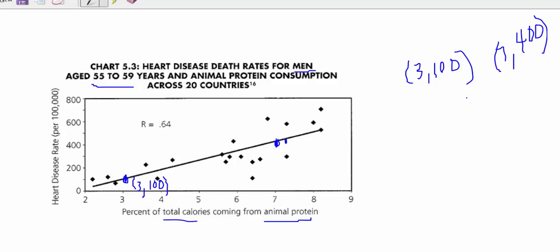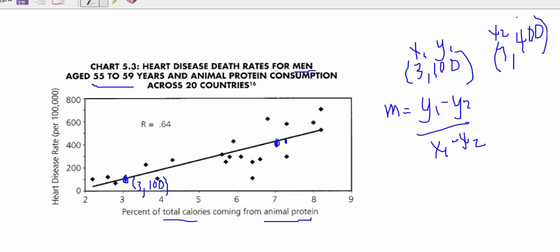Then I could calculate the slope, and then I would be able to write the equation of a line. The slope is y1 minus y2 divided by x1 minus x2. I'll call these x1, y1 and x2, y2. So we have 100 minus 400, and then x1 is 3 minus x2, which is 7.